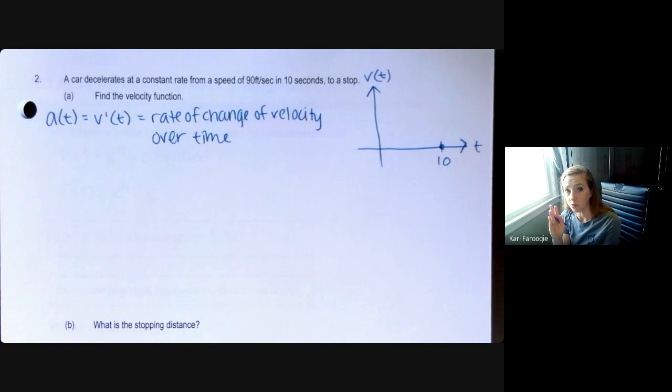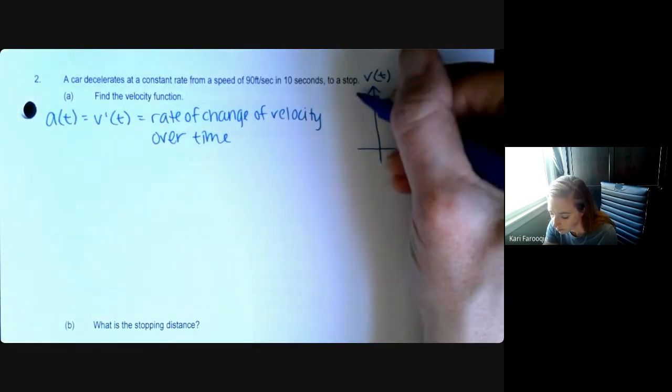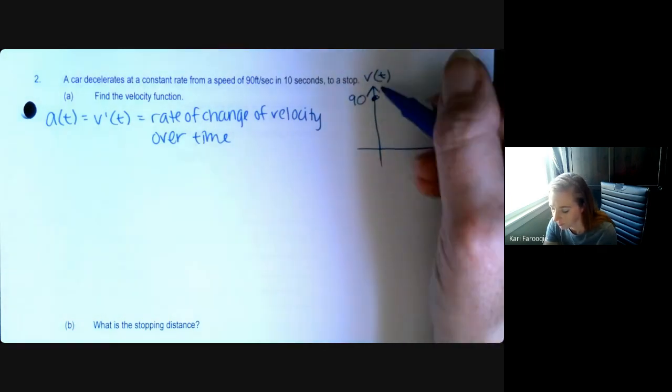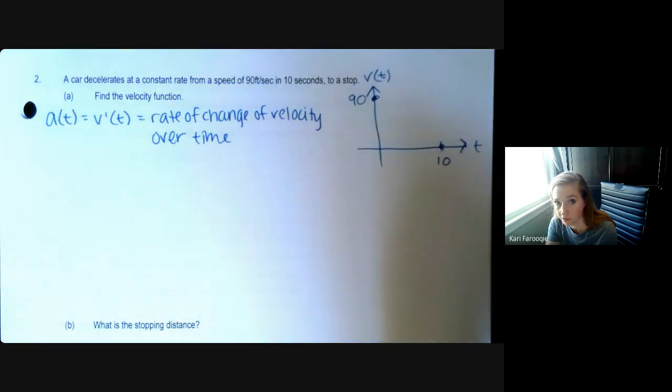At that initial point in time that we're looking at it, the car is traveling along, we don't care, and all of a sudden it starts to decelerate. That's what we're focusing in on. This is not going to be to scale, obviously. But this is your 90 feet per second for your velocity, and then 10 seconds is time.